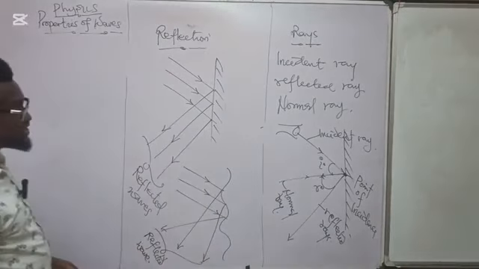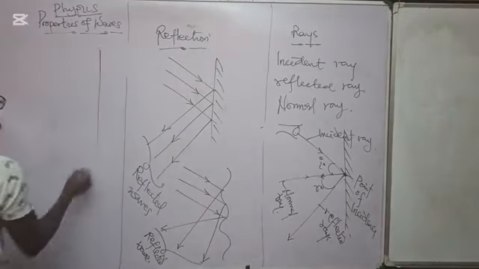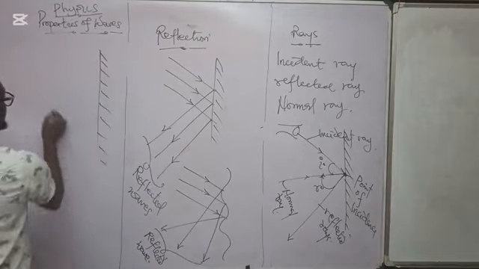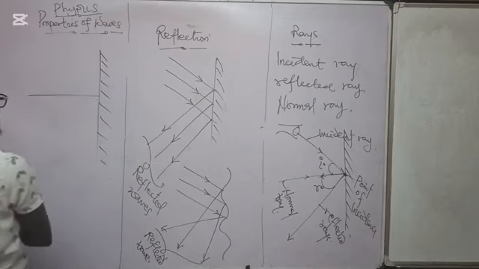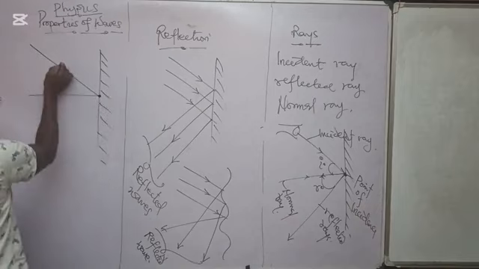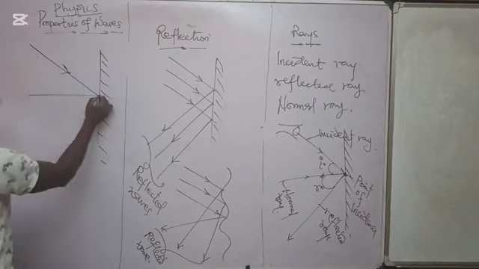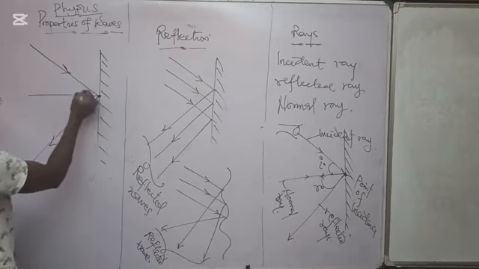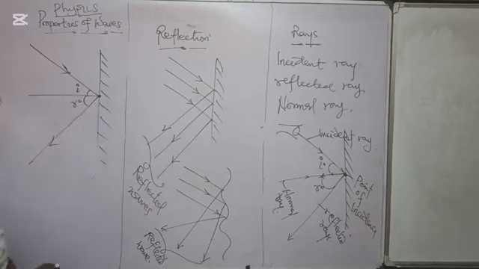So let's look into the diagram there. Let's see more of the parameters we can get from it. Now, if we have here a normal line, a ray incident at this point will reflect through this path. Here we have the angle of incidence, while here is the angle of reflection.